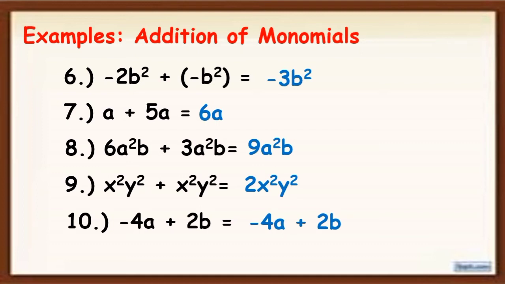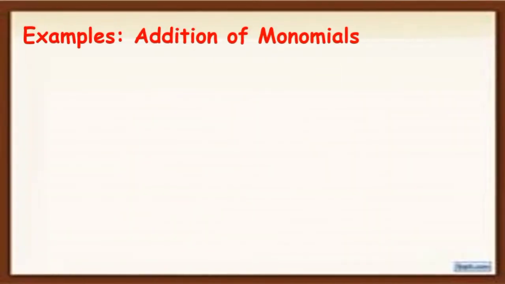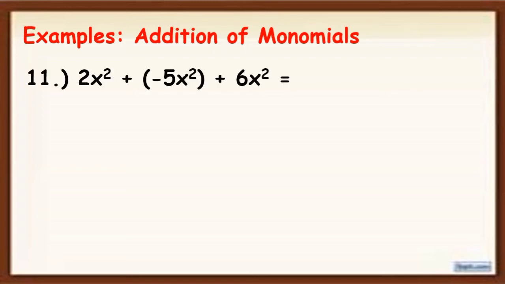How about if we are going to add more than 2 monomials? So for example, we have 2x squared plus negative 5x squared plus 6x squared. So first, add the monomials that have the same sign. So add muna natin yung 2x squared and 6x squared.